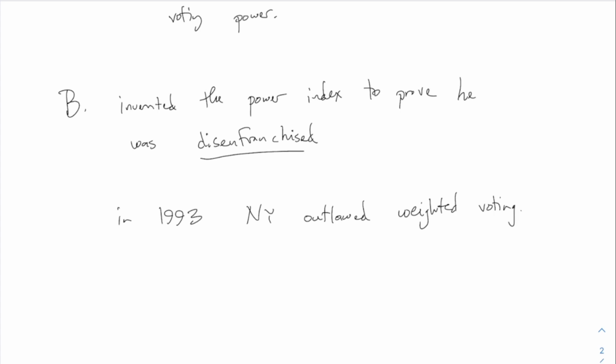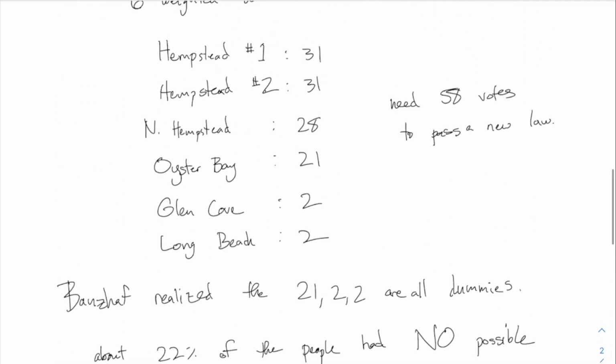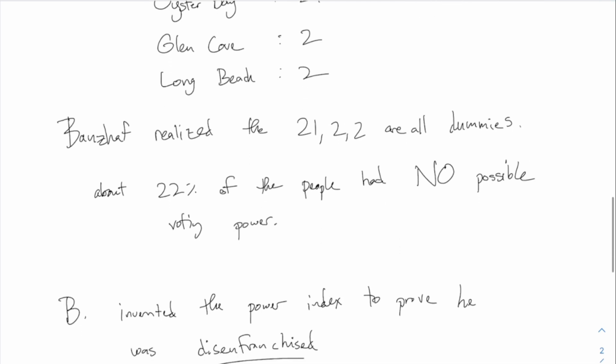You can do it with your friends in your basement, but there are no state elections in the state of New York which use weighted voting, for this reason: it at least allows for the potential of some dummy districts, which is never okay in a representative democracy. So they don't use these numbers that I wrote up here anymore, because it's unfair to a lot of people, all the people in Oyster Bay, Glen Cove, and Long Beach.